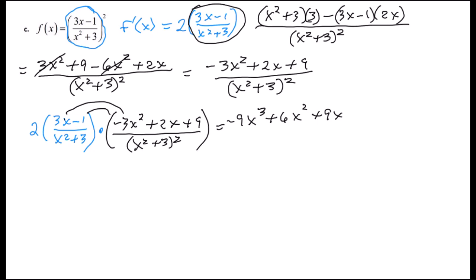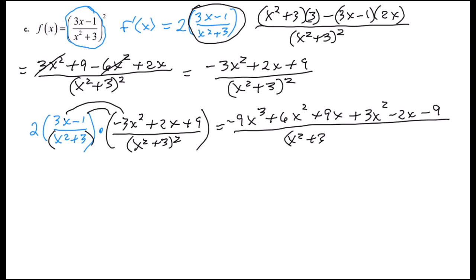So negative 1 times negative 3x squared is 3x squared. Negative 1 times 2x is negative 2x. Negative 1 times 9, negative 9. All that's over. Now look, when I multiply x squared plus 3 times x squared plus 3 squared, I'm just going to get x squared plus 3 to the third.